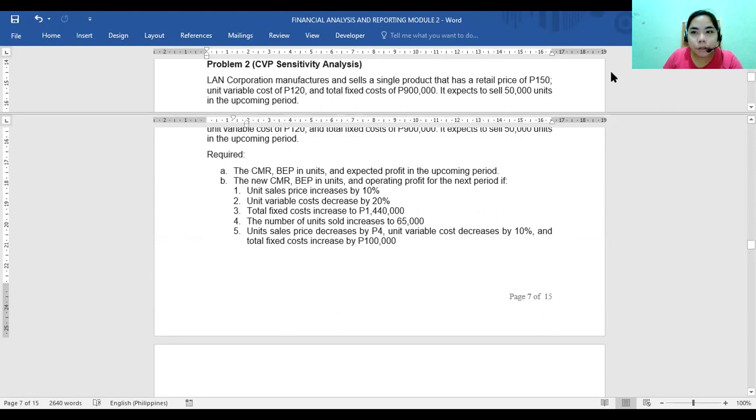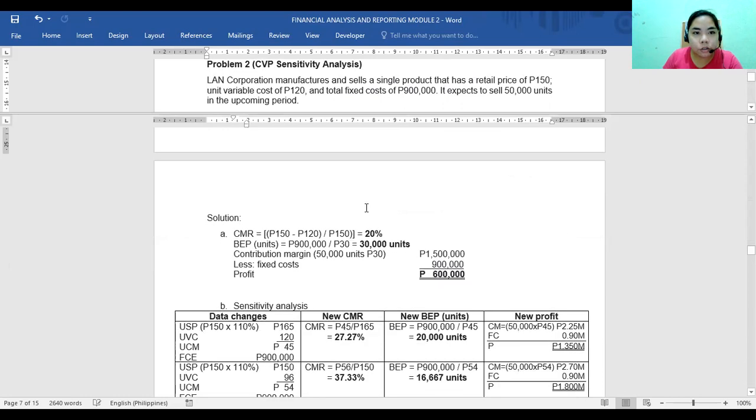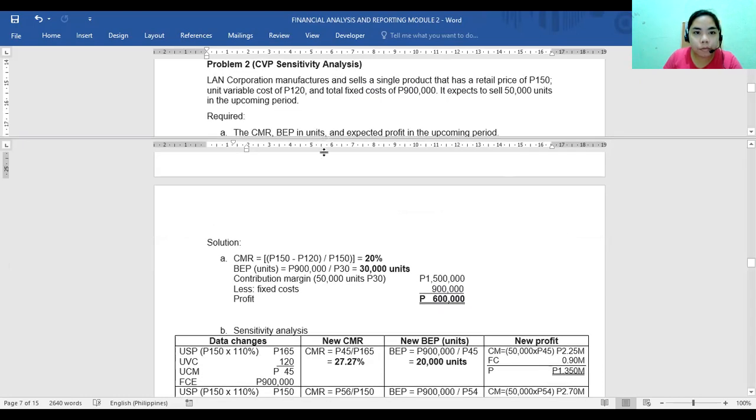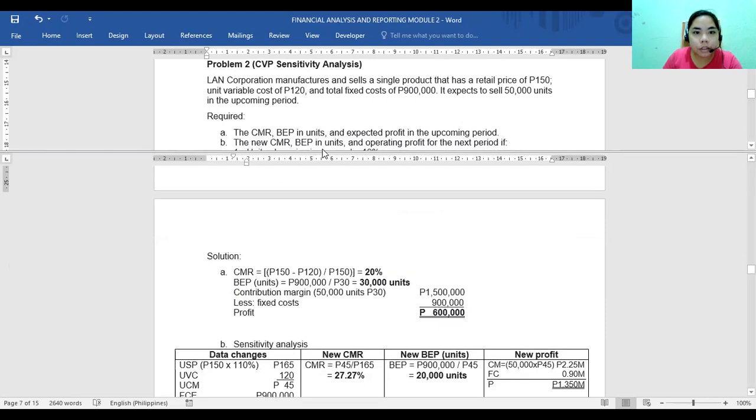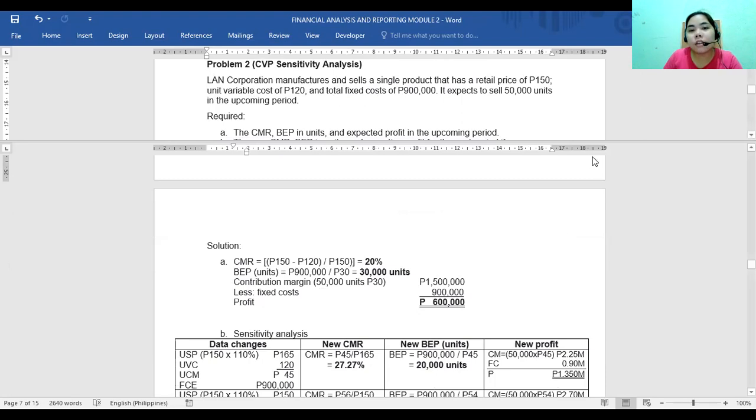So we have here the problem, class, then the solution for the first requirement: the CMR, BEP in units and expected profit in the upcoming period. With this data, we have the selling price of 150, unit variable cost of 120, total fixed cost of 900,000, and 50,000 units expected sales in the upcoming period.